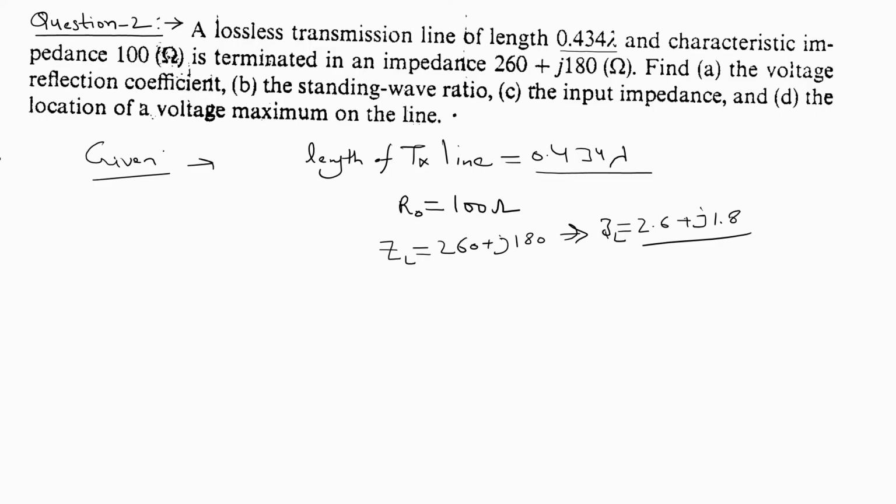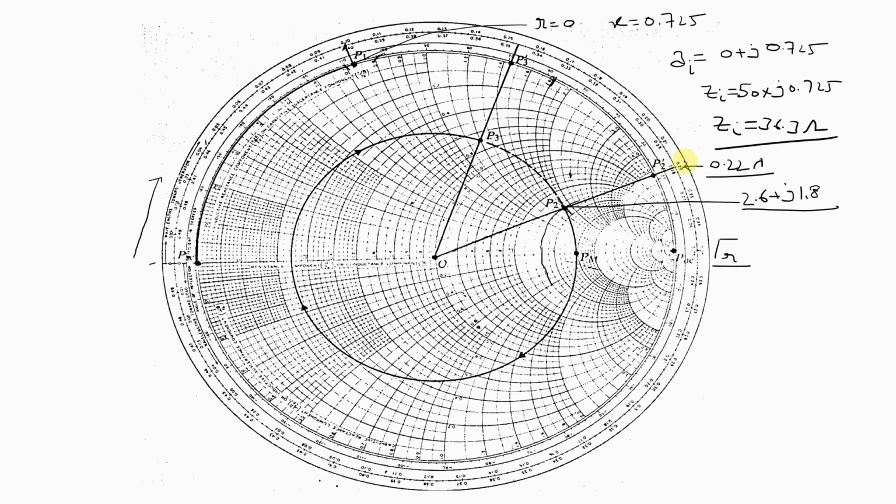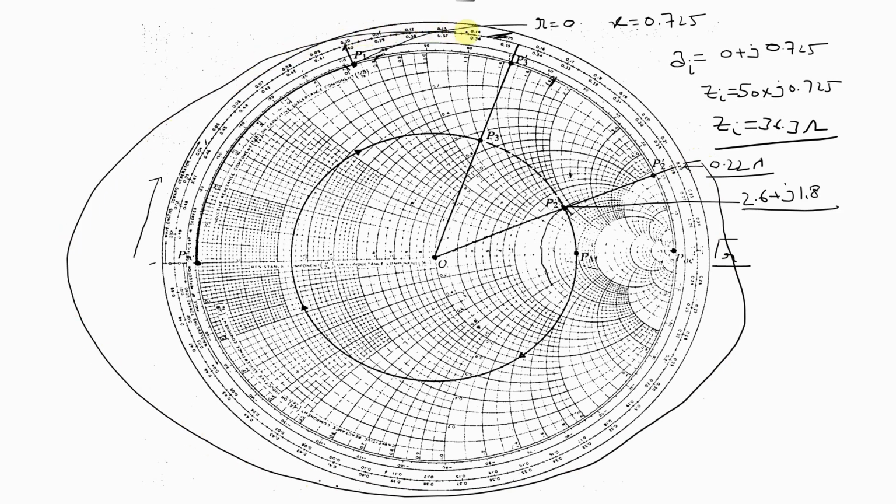We are at 0.22 lambda. The complete rotation is of 0.5 lambda. So somewhere here, from that point, this is the point. This direction is of wavelength towards the generator. So on this circle, from that point to this point, it is 0.434 lambda.